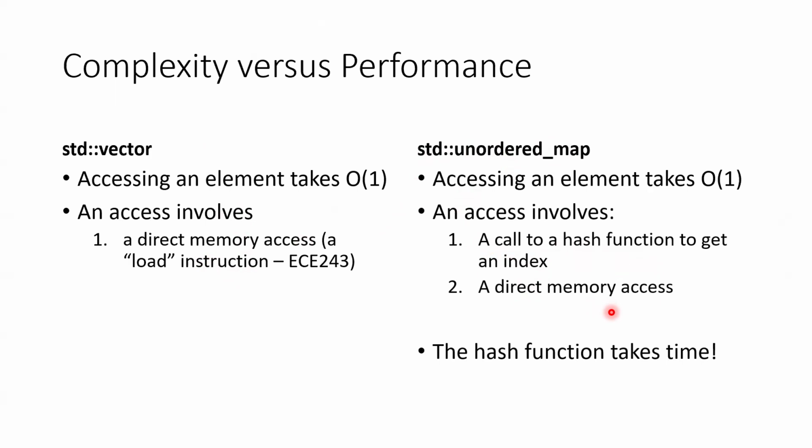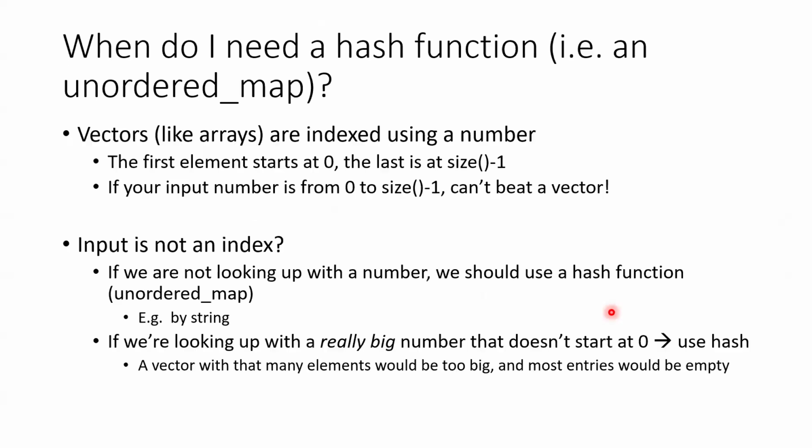So the unordered map, even though it is O(1), is still a bit slower than vectors. If we're accessing with an integer from a continuous range of 0 to some size minus 1, you can't beat a vector, because it's just an array.